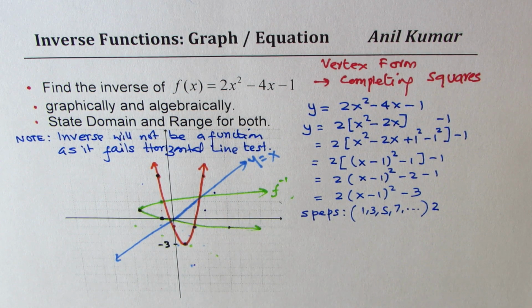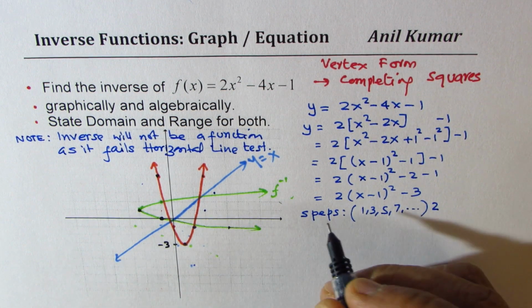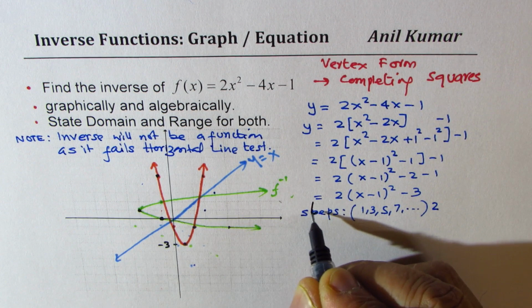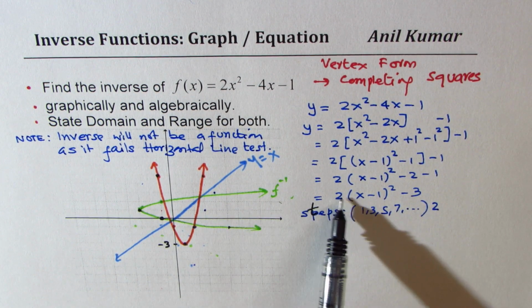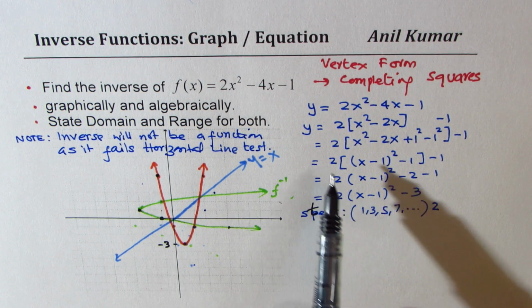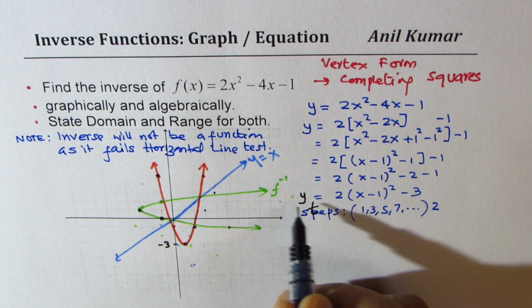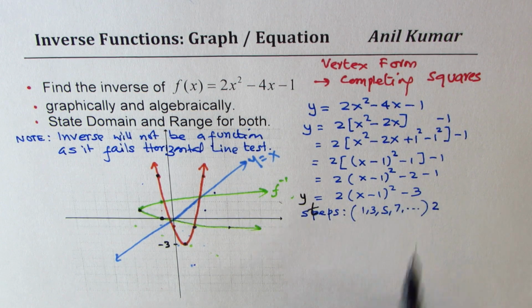Now let us see how to get the equation algebraically. To get the algebraic equation, we'll swap x and y in the vertex form. So we can write this. This is y equals 2 times x minus 1 whole square, minus 1.